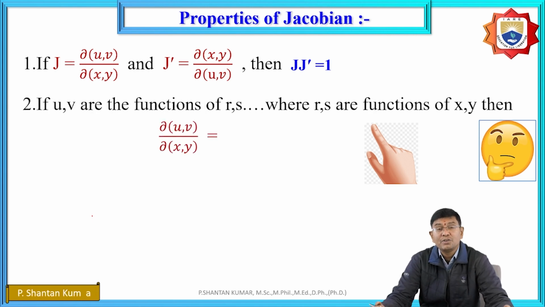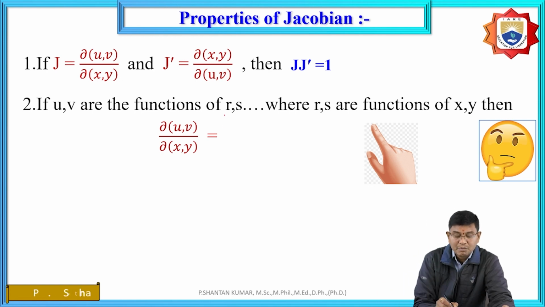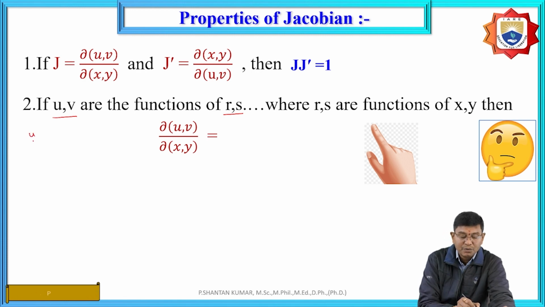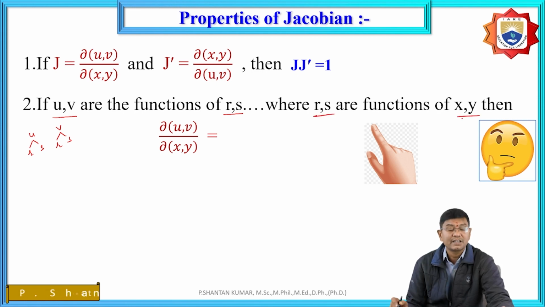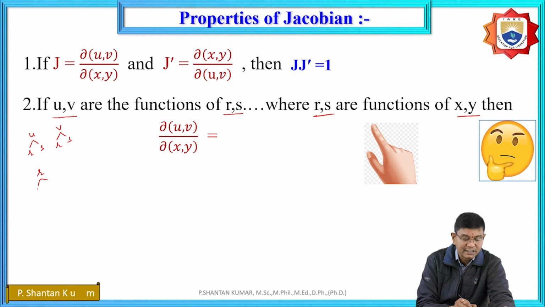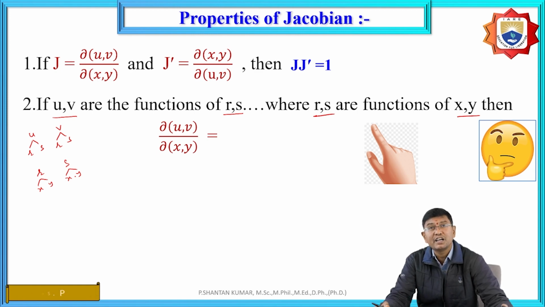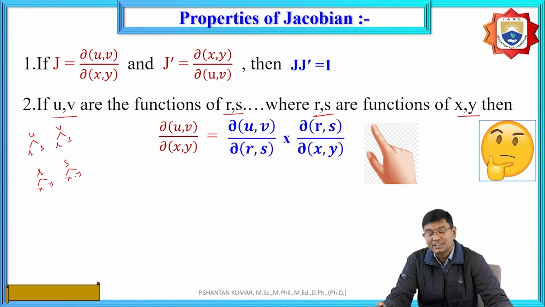The second property: if u, v are functions of r, s, that is, u, v are the dependent and r, s are the independent variables, and r, s are in turn functions of x, y, then we consider the dependent as the numerator and the independent as the denominator. First is ∂(u,v) by ∂(r,s), and r, s are functions of x, y.